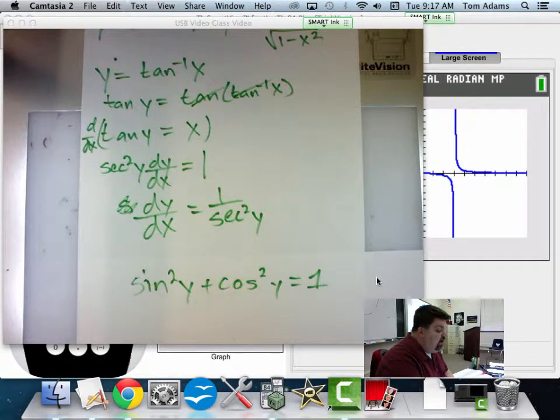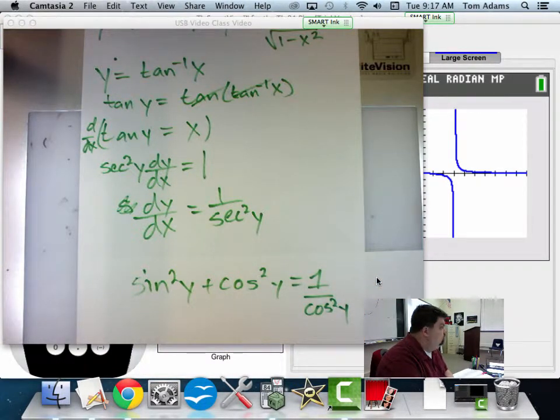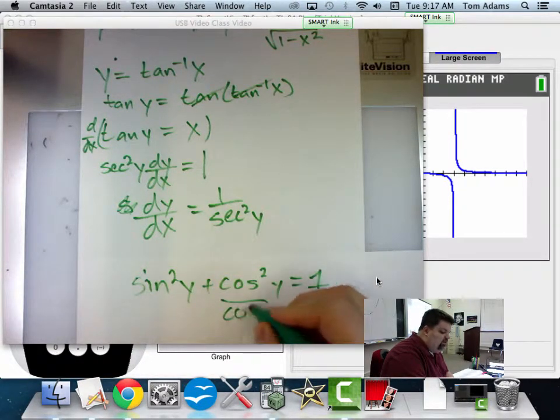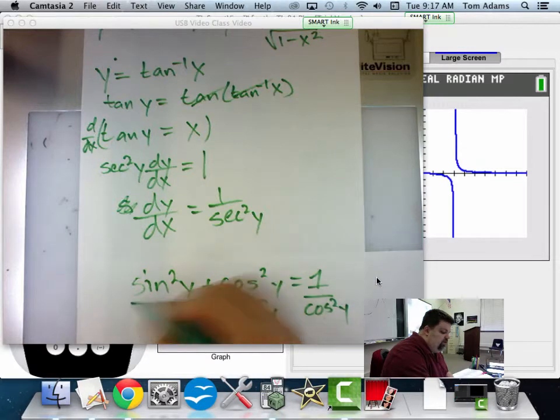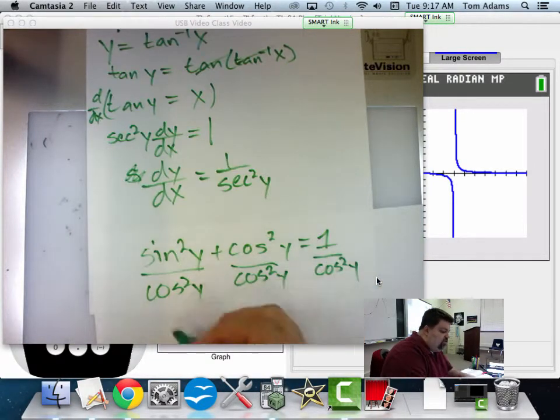Secant is 1 over cosine. Could I do this, divide this by cosine squared? Yeah, but what do I have to do algebraically? Got to do it to everything, right? So when I divide everything by cosine of y squared, this changes things.